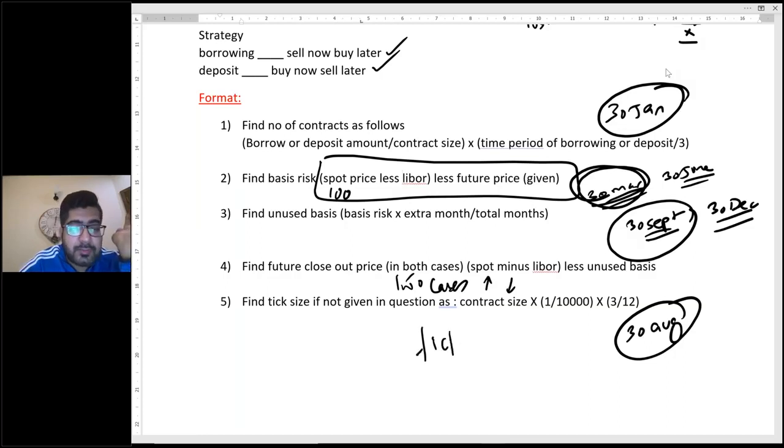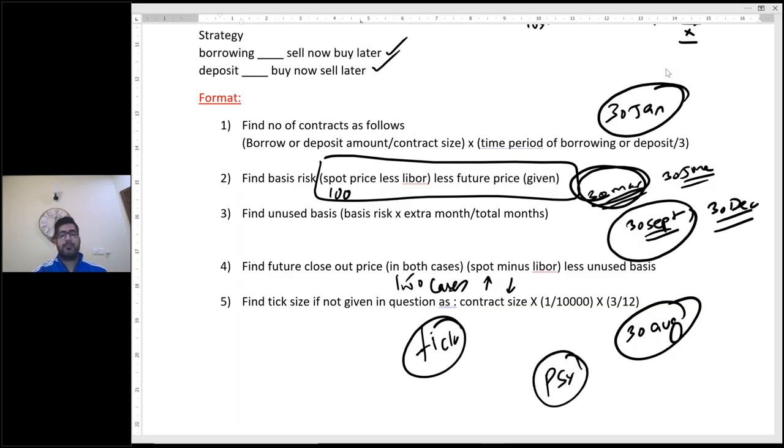What is this tick? Tick is by how much currencies fluctuate. It's usually established in international markets. Okay, like in Pakistan Stock Exchange, PSX, the tick size is 0.1. That means a share can move in pieces of 0.1.